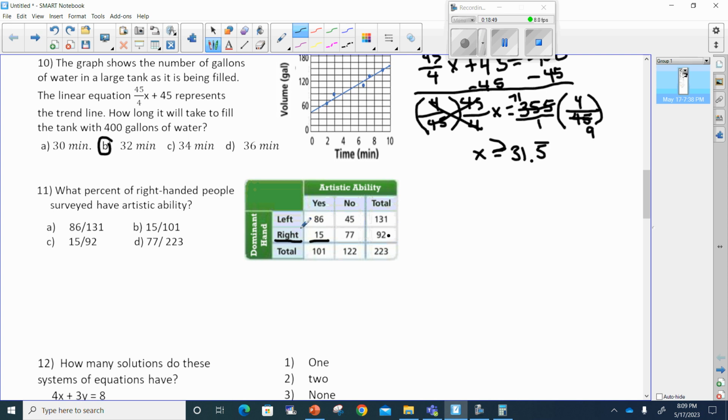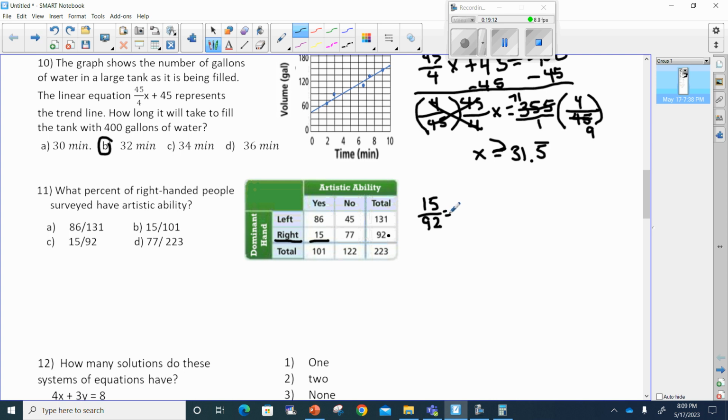And that it was because it said of these people, right? Not of all people, just of these people, how many have artistic ability. So that would be 15 over 92, because there's 92 total people, not 77.